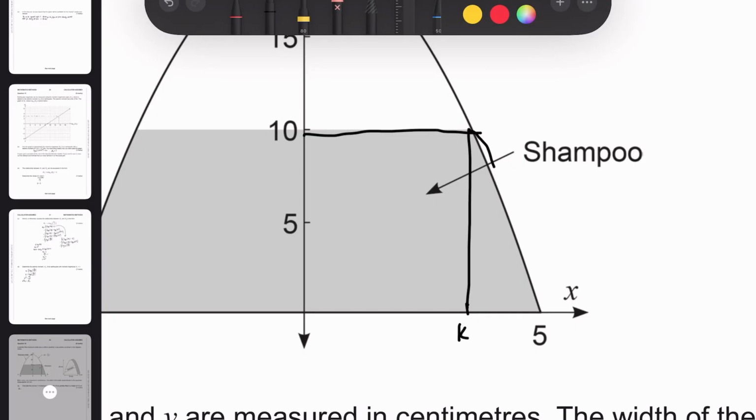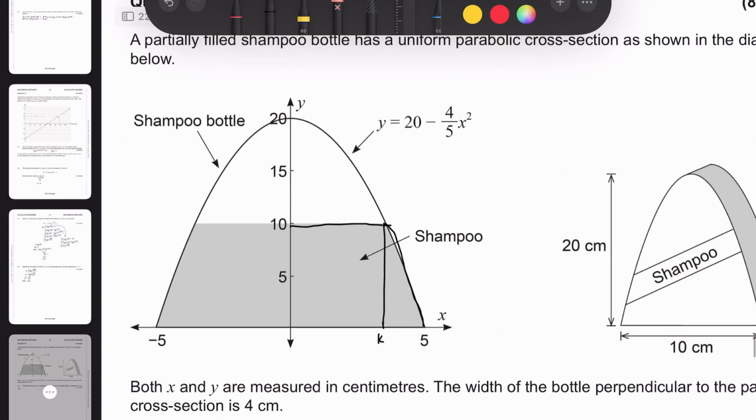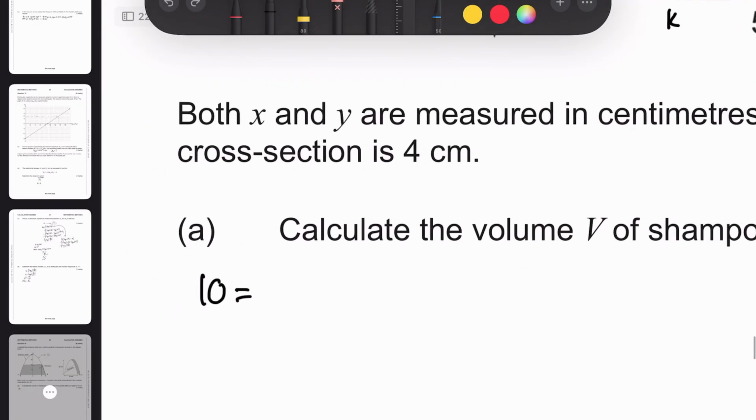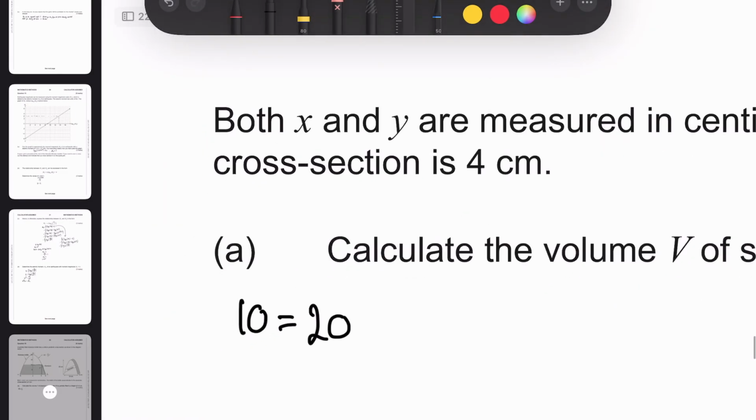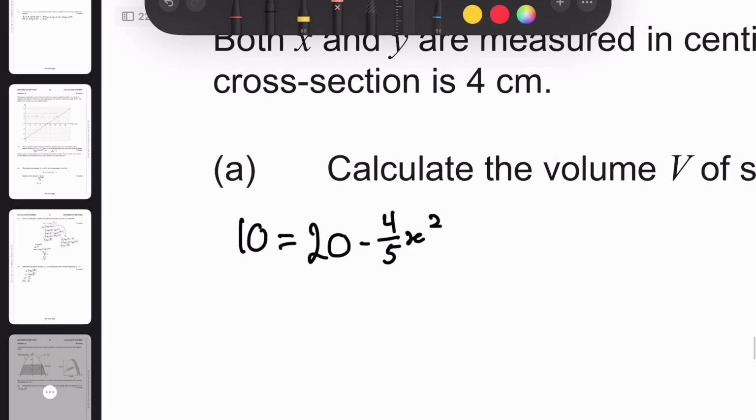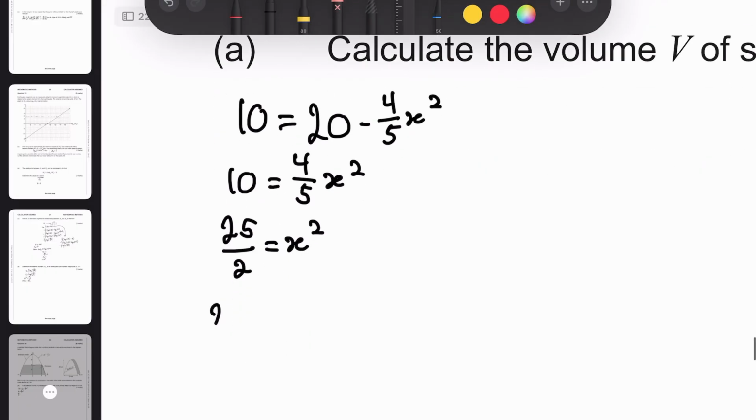Then from k all the way to 5, we will integrate this formula here. Okay, so we have 10 is equal to 20 minus 4 on 5 x squared. So then we're gonna have a negative 10, but there's a negative here, so this will just be 10 is equal to 4 on 5 x squared. 50 divided by 4, it's gonna be, okay, 25 on 2 is equal to x squared. So then we'll say x is equal to plus or minus 5 on square root of 2.